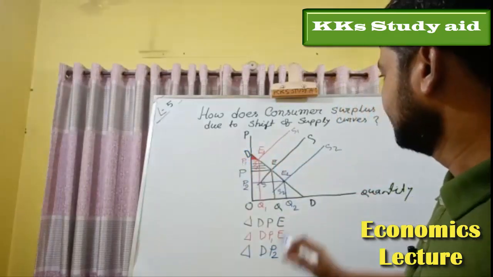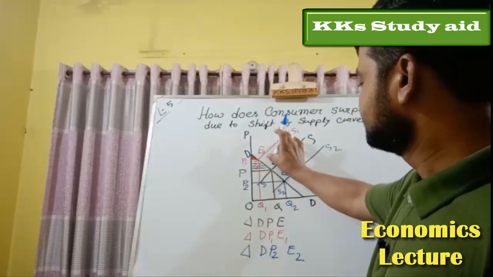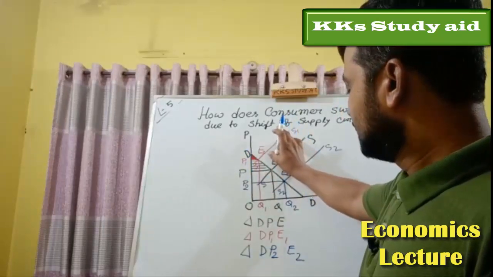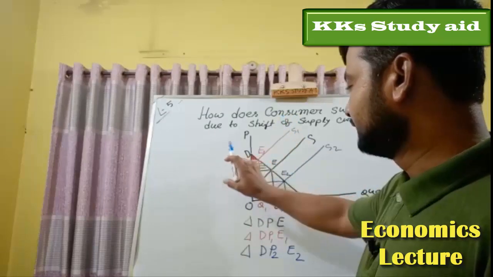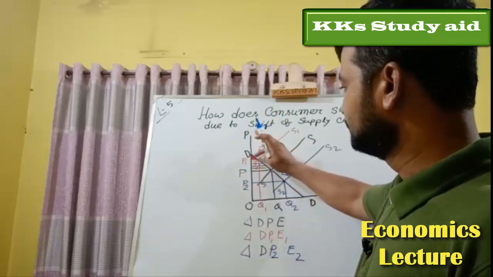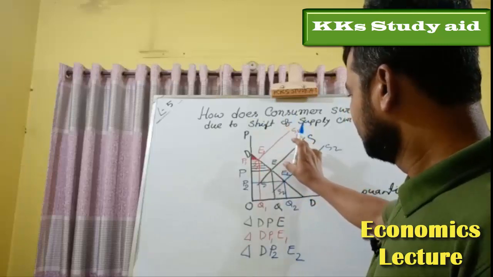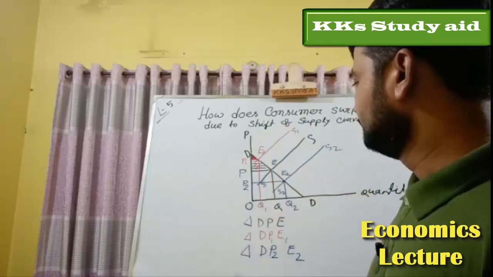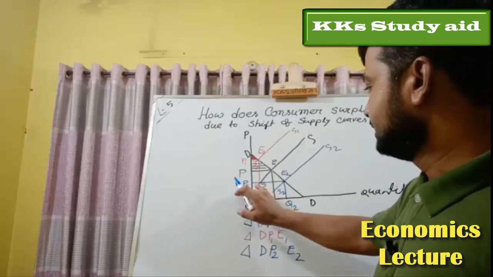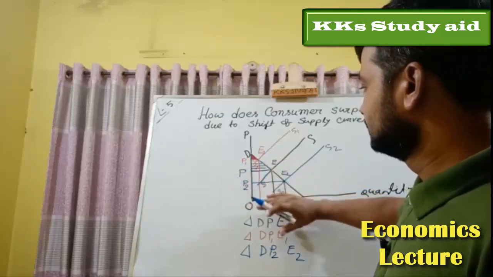So we see that when the supply curve shifts upward, there will be an increase in price which causes consumer surplus to decrease, and when the supply curve goes downward, there will be a fall in price which causes consumer surplus to increase.